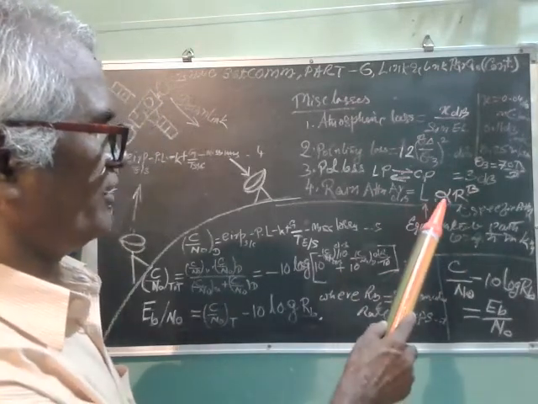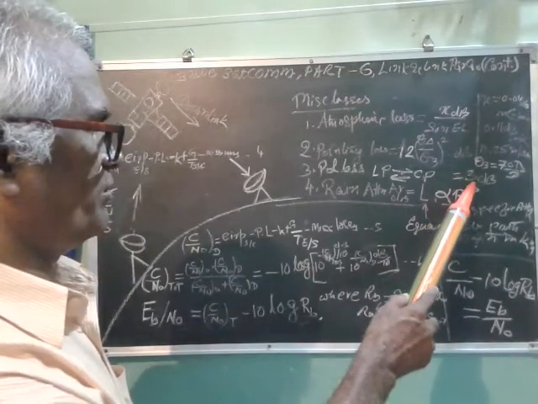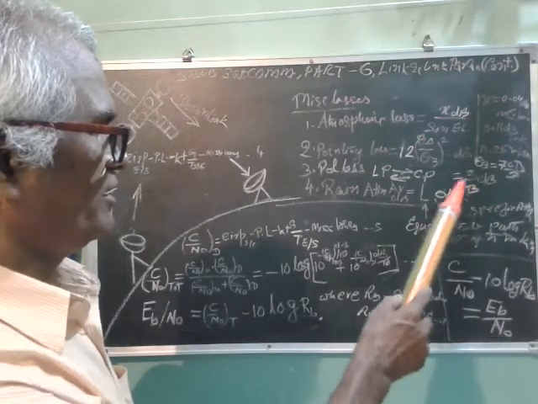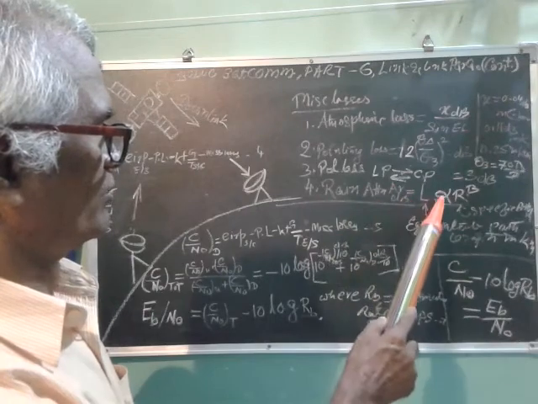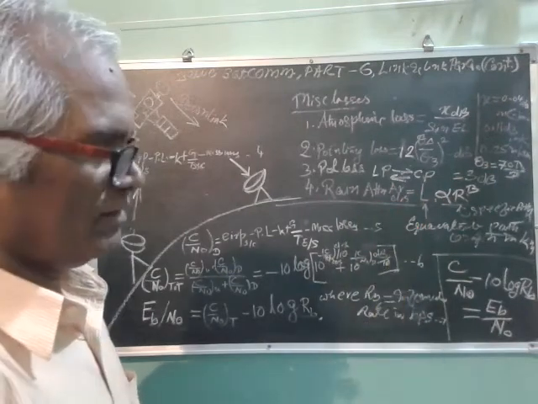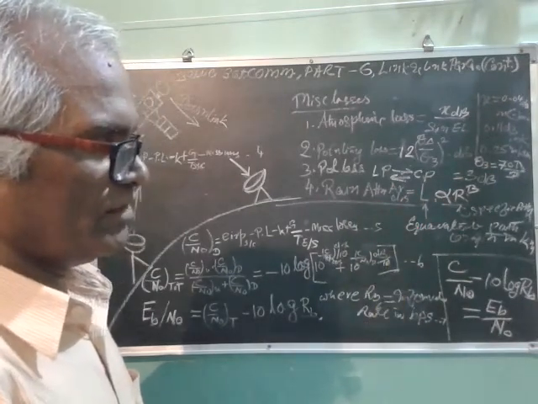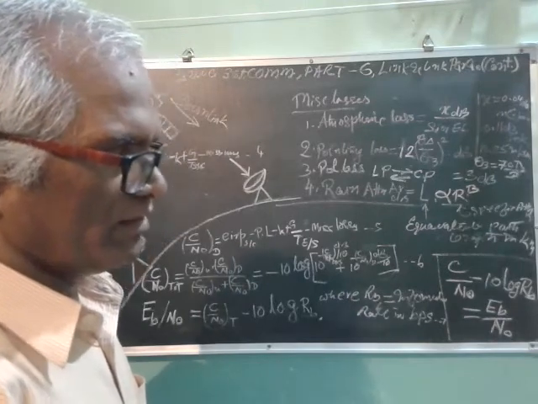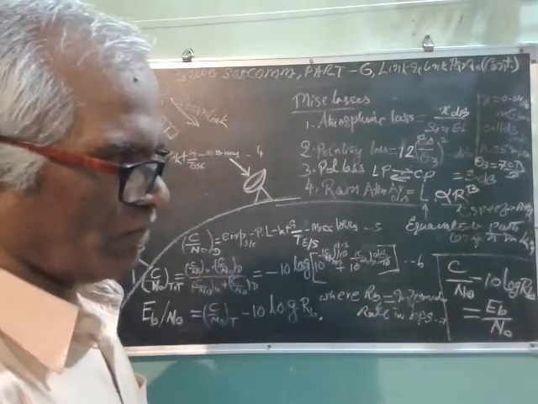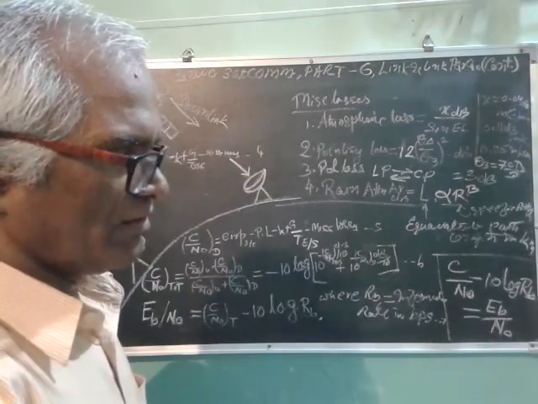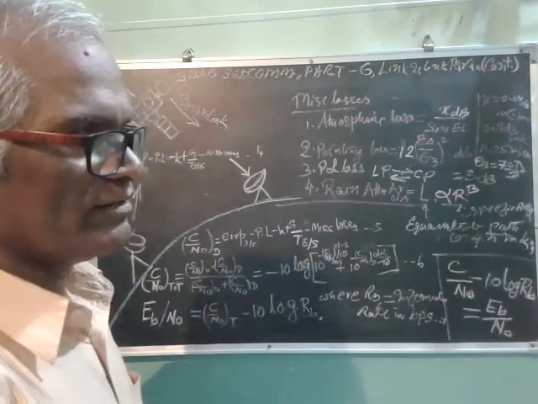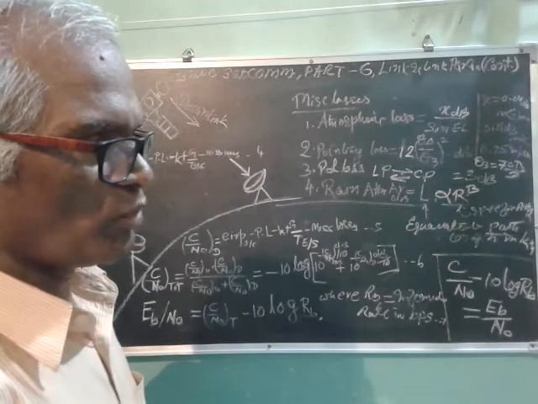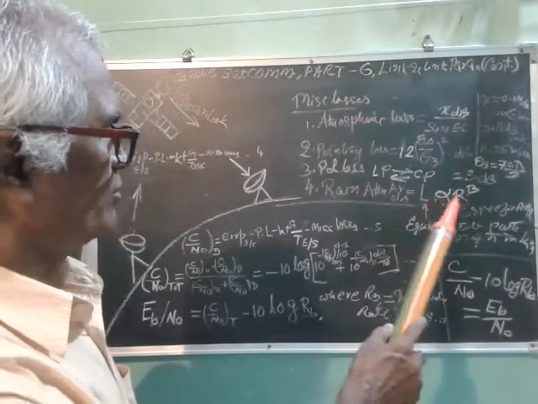Alpha R to the power of beta is called specific attenuation. In that way, the attenuation is calculated for the geographical place of the receiving or transmitting station and the rain probability.